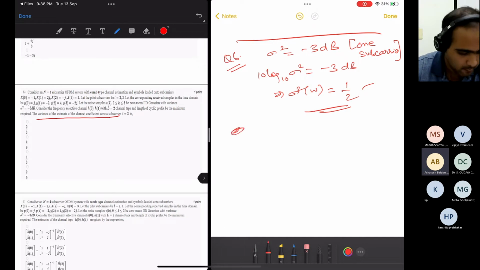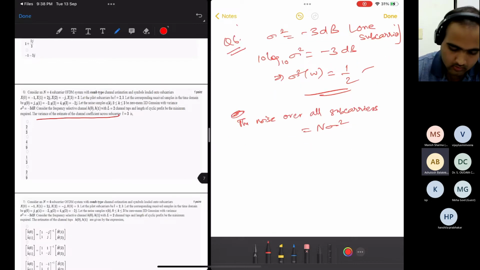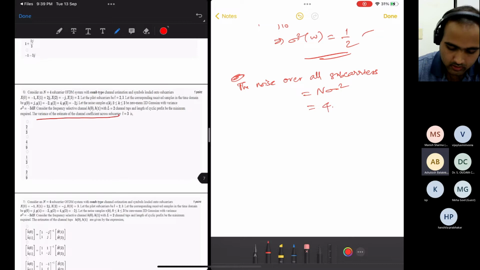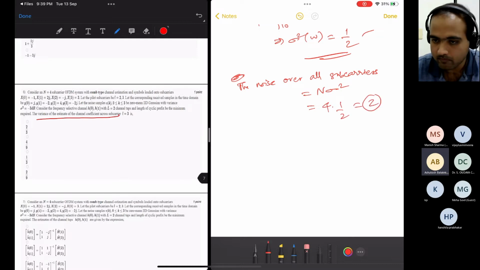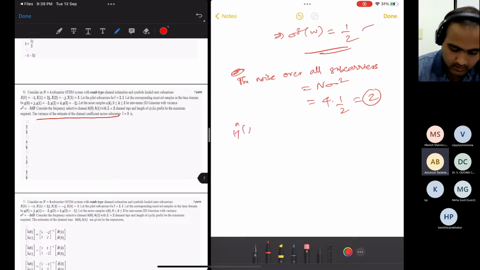So you can just compute, sigma square is coming out to be half. Note that this is sigma square over one subcarrier. So the noise over all subcarriers will be n times sigma square. So this is 4 times half, which is 2. Now, if you see, h hat L is y of L over x of L. What is y of L?